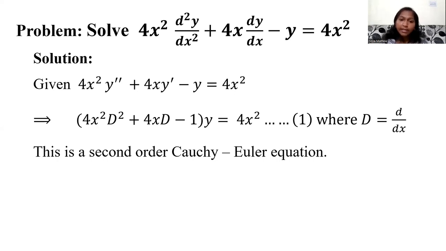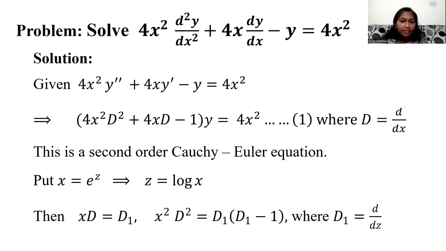The first step is identifying the given equation, and then we go for a substitution. Put x is equal to e raised to z, so z is log x. Since the equation contains only xD and x squared D squared, we take xD as D1 and x squared D squared as D1 into D1 minus 1.